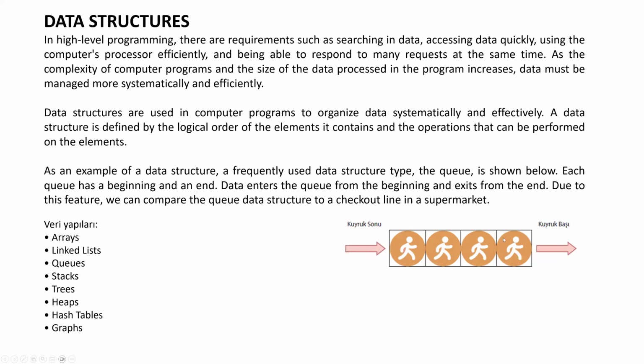If you enter first, you will be the first one removed from this queue. The first one entered is the first one removed. But stacks are similar to queue structures, with this box logic.